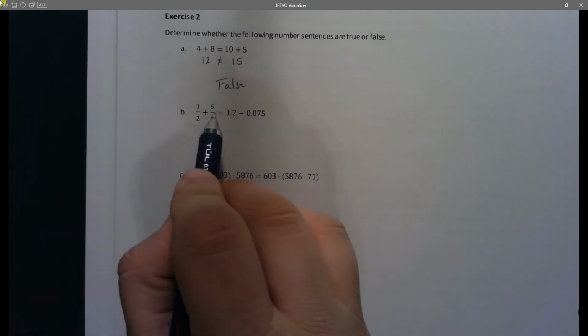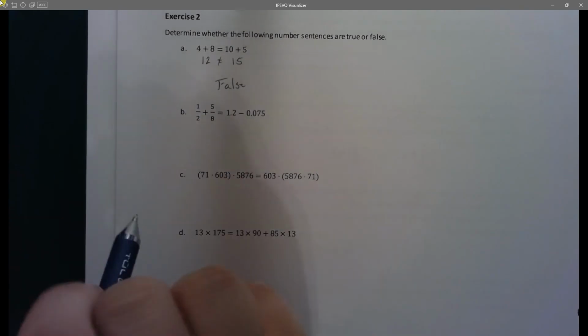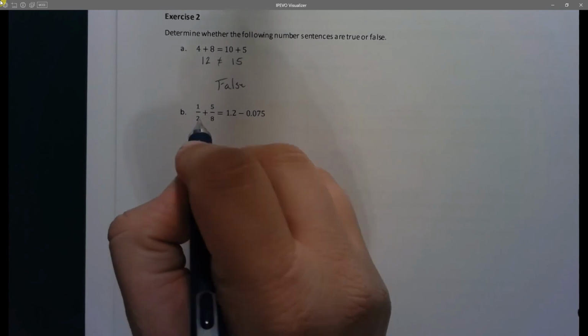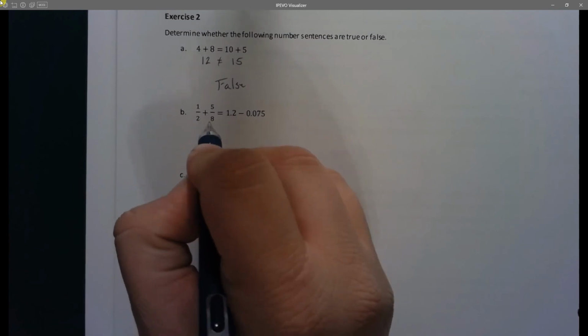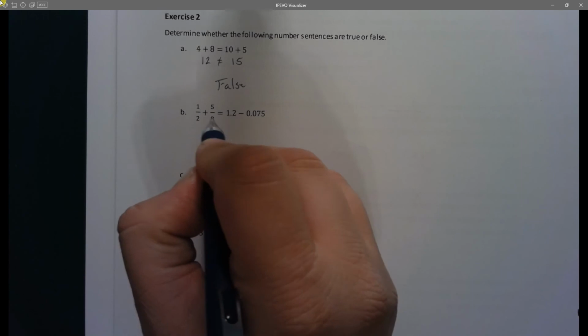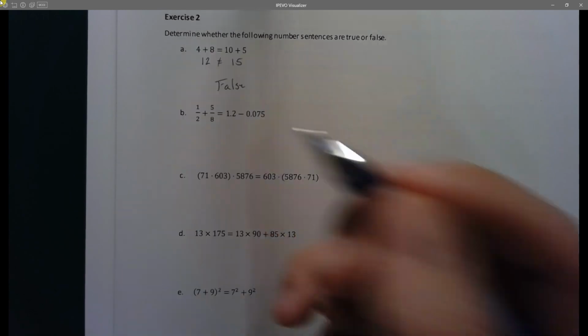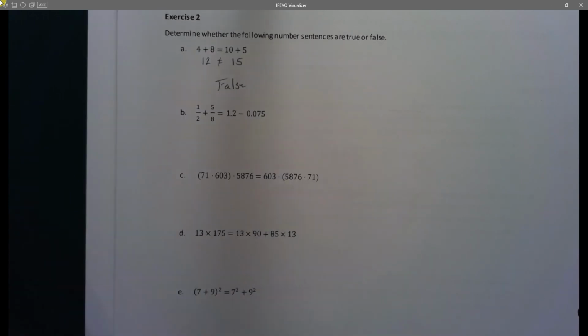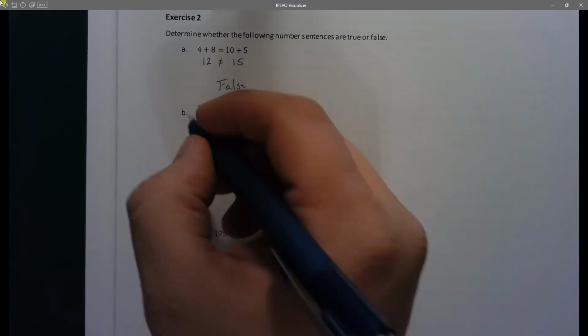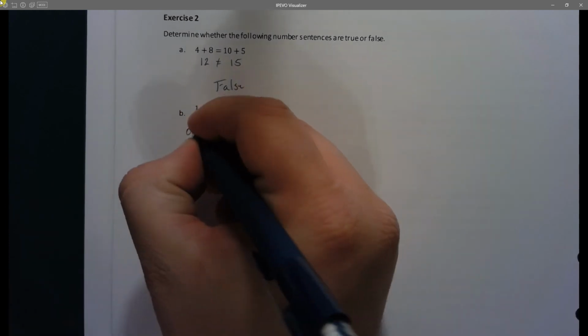All right. 1/2 plus 5/8. Well, I can tell you right now, that is going to be a little bit over 1. Let's see here, just to make sure I remember my fractions correctly. 5 divided by 8 gives me 0.625, and 1/2 is 0.5.